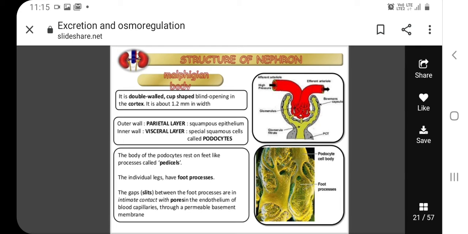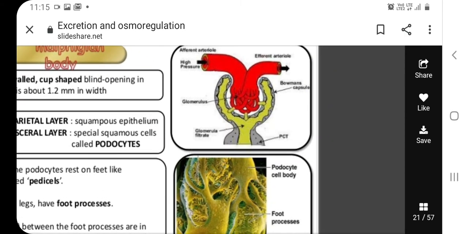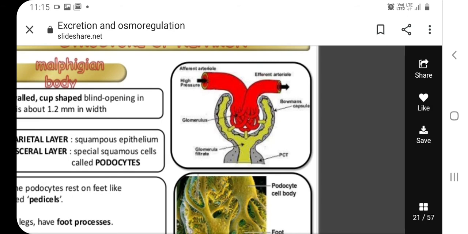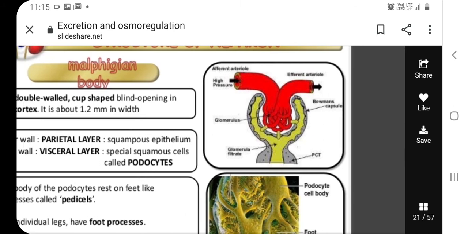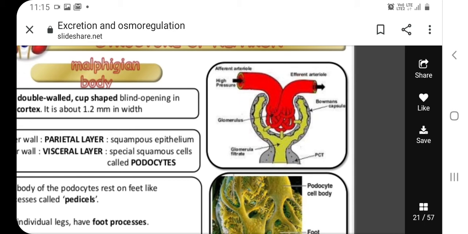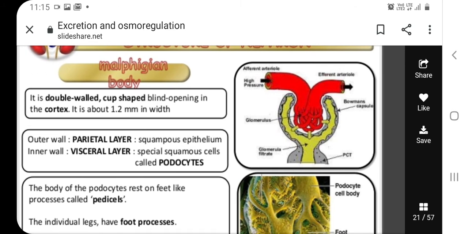So, in this diagram, one can very clearly see the first part or the anterior part of the nephron, which is the Malpighian body comprising of the Bowman's capsule as well as the glomerulus.